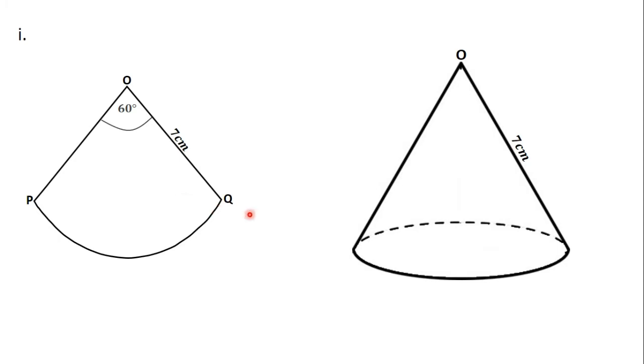If you look at the diagram very carefully again, you will also see that if we join OP to OQ to form this cone here, then the circumference of the circular base of the cone will be the same as the length of the arc PQ.